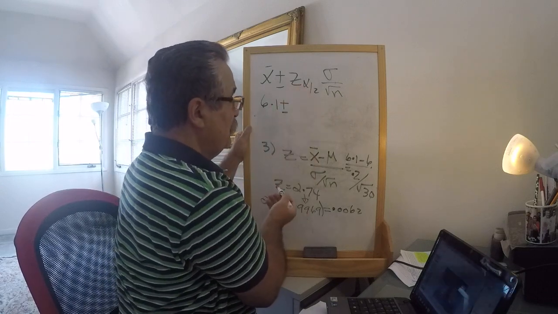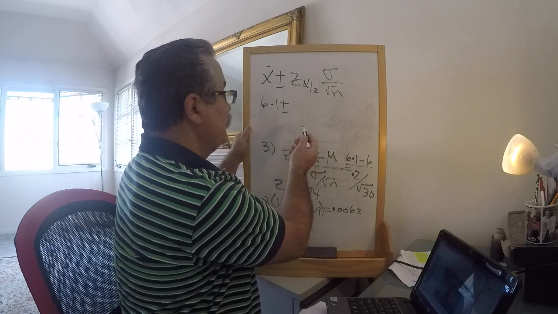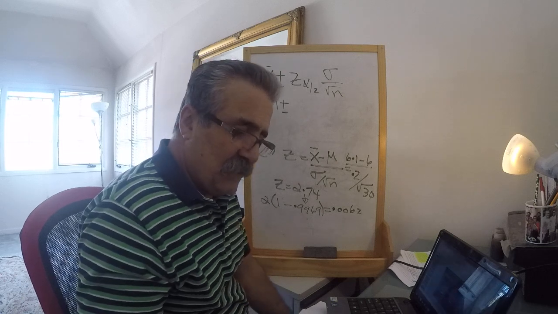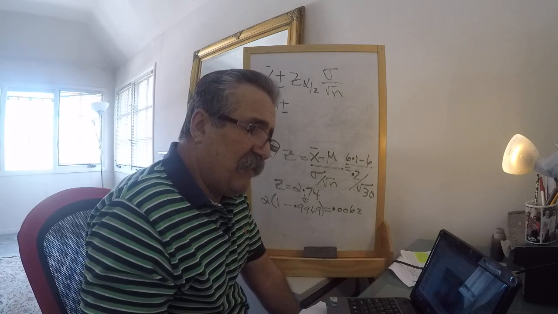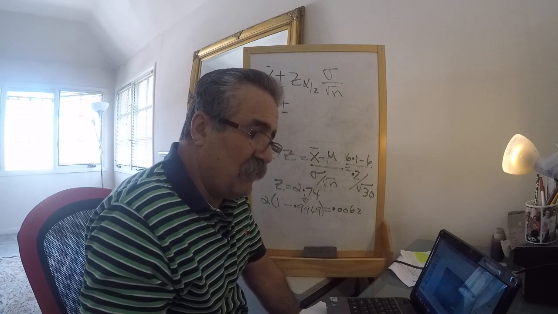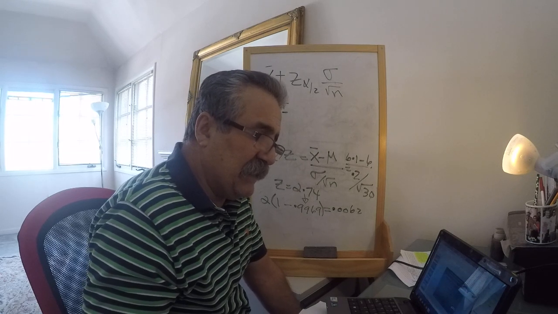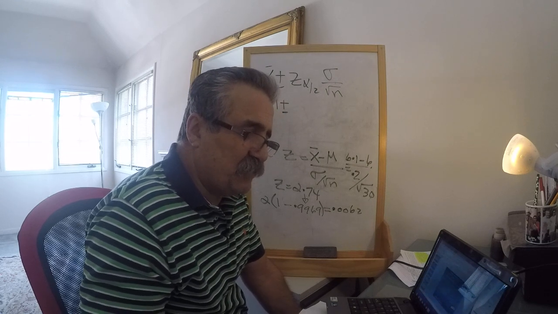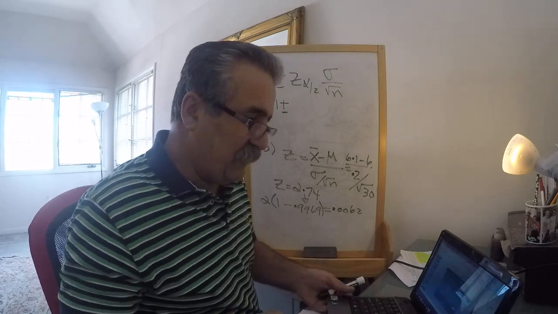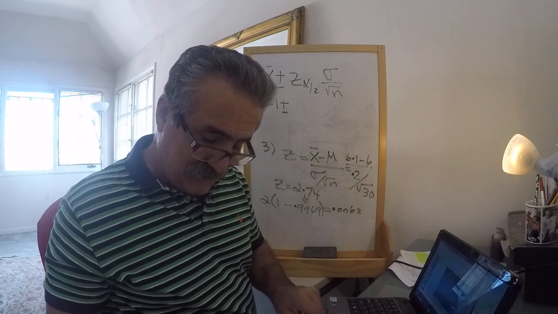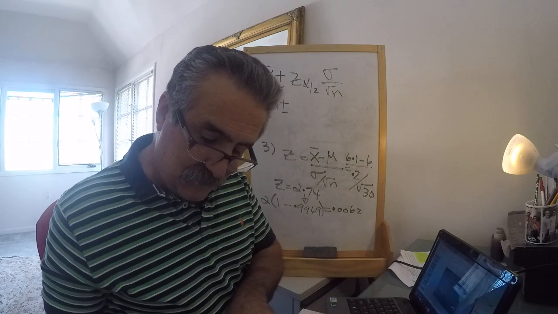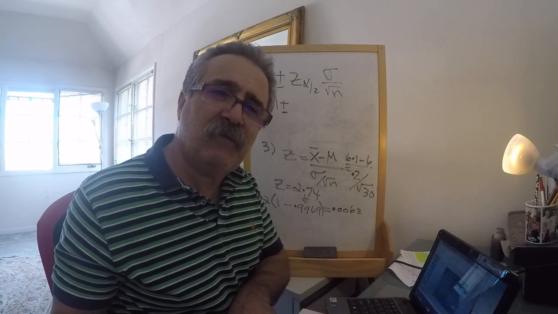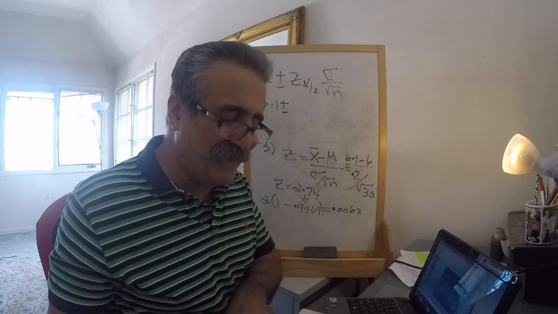Z sub alpha over 2 for alpha equal to 0.03, so half of it is going to be 0.015. So we have to look at 1 minus 0.015. 1 minus 0.015 would be 0.985.